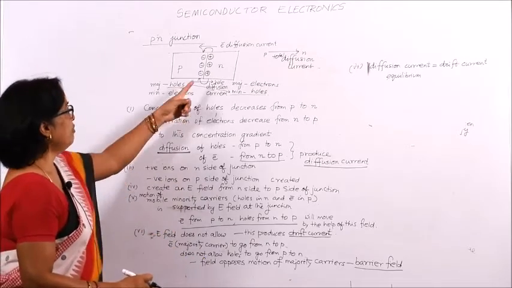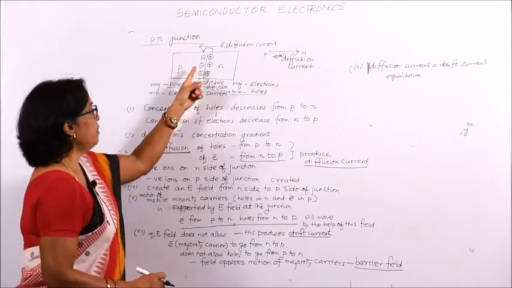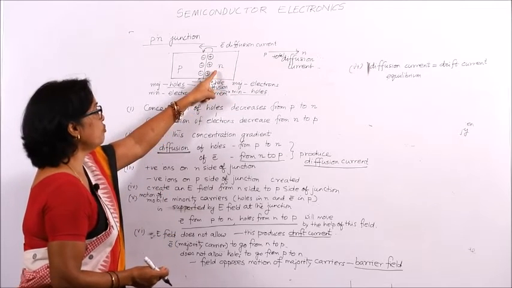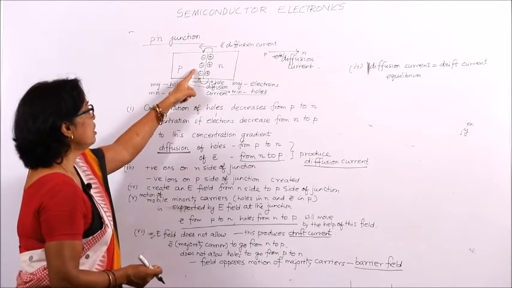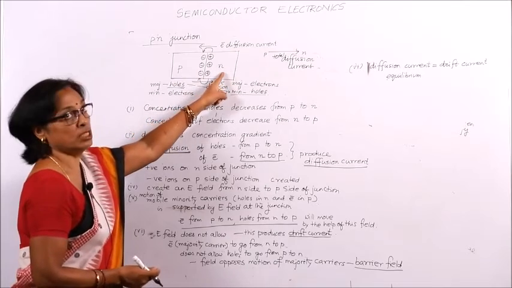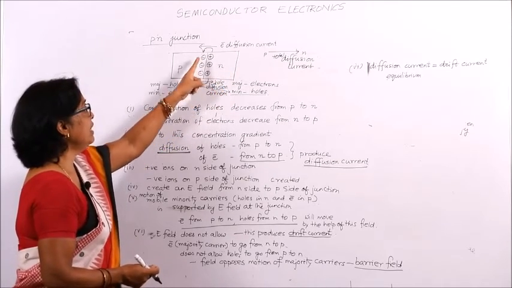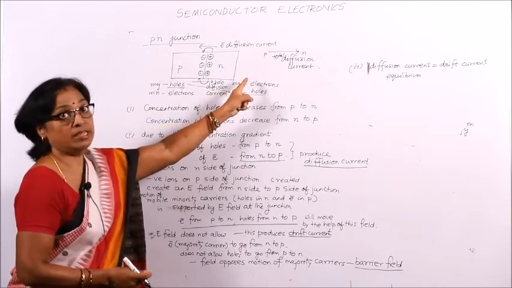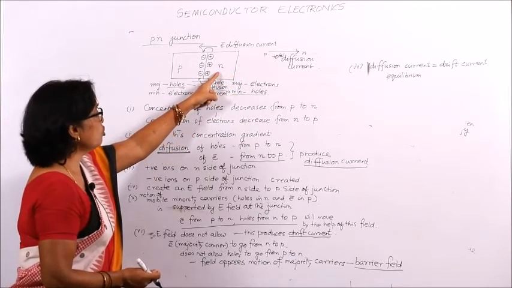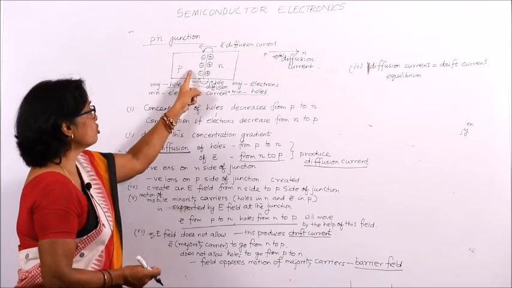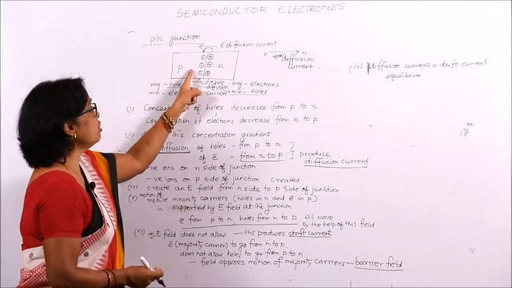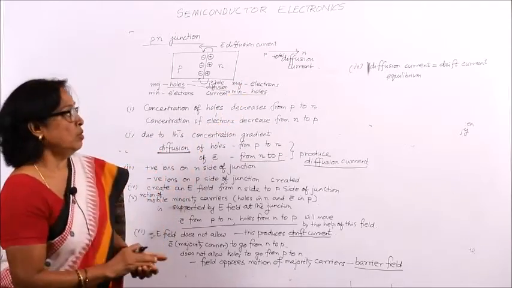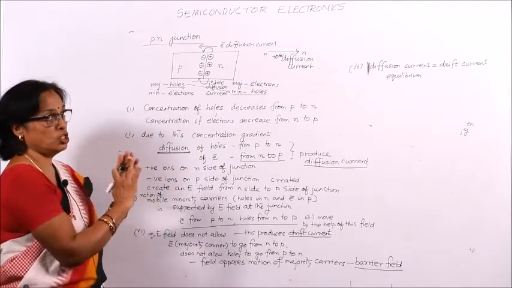A field is created, and as soon as an electron from here goes to this place, it will be pushed back because of the electric field. Electric field opposes the motion of electron. So if a majority carrier crosses from here to here, the same thing will be again pushed back to the N. So everything stops and PN junction does not conduct.